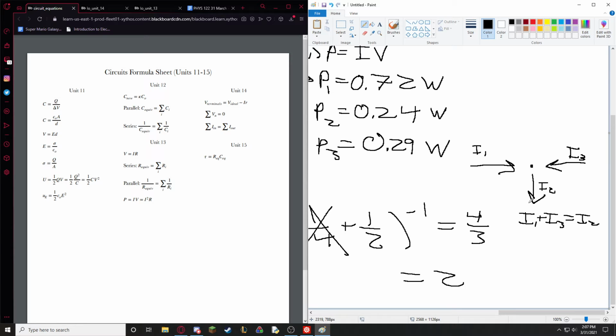Just arbitrarily choose it. And then when you solve everything at the end, if you get a negative value, what does that mean? That's in the opposite direction. Exactly. So if we solved for I1 and it was negative, it means it's actually to the left. Gotcha. Okay.